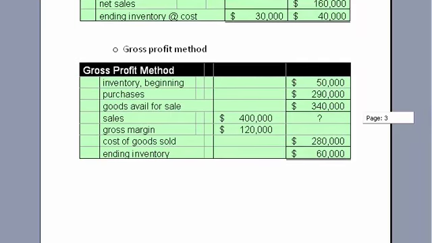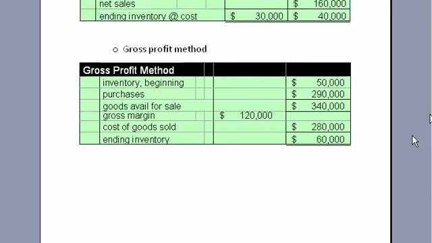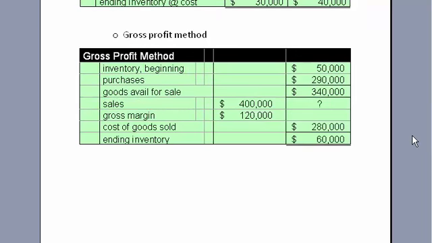The gross margin method is good for companies whose gross margin or gross profit is steady period after period after period. So a place like McDonald's, their food cost is going to be 30% or 28%, whatever it is, month after month after month.